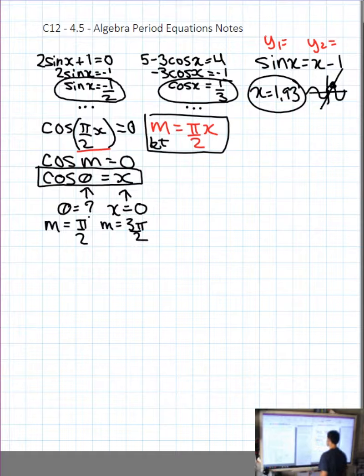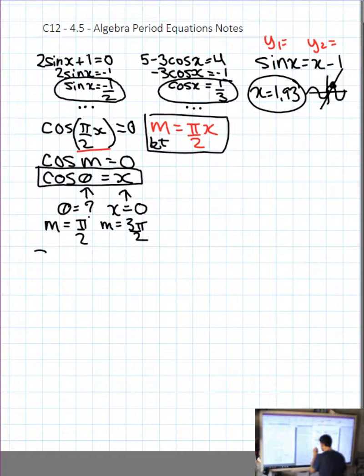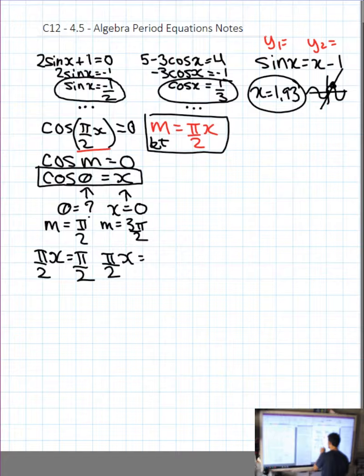Notice no commas, two equations side by side. But I made m this, so I need to put that back in for m. I substitute pi over 2 x in for m into both of the equations I created above. That's why we don't use commas, so we always have nice equations side by side.